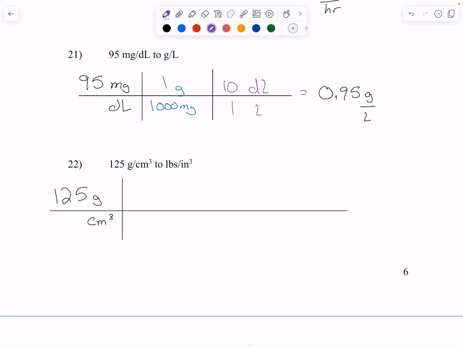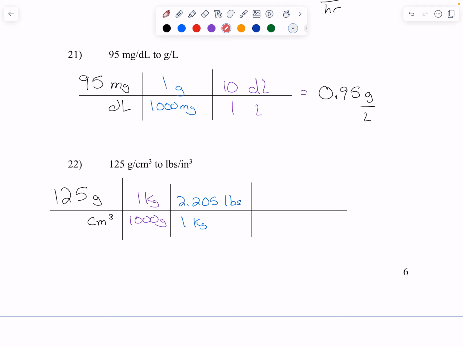easy. So we got 1,000 grams is 1 kilogram. And 1 kilogram is 2.205 pounds, lbs. So then we got pounds. And now centimeters to inch.